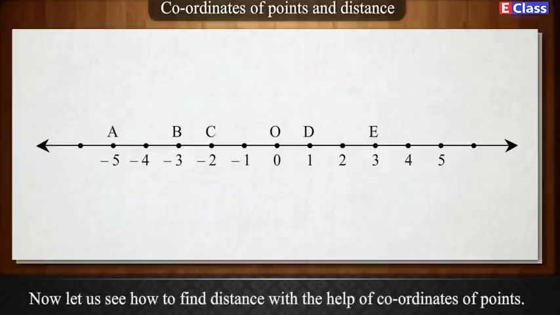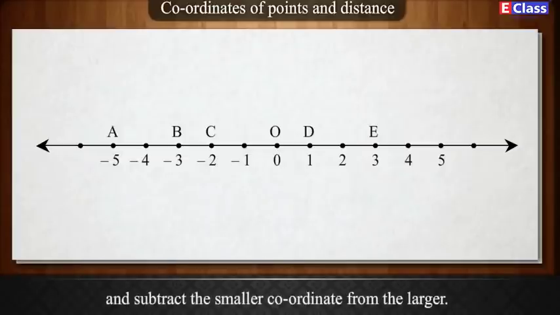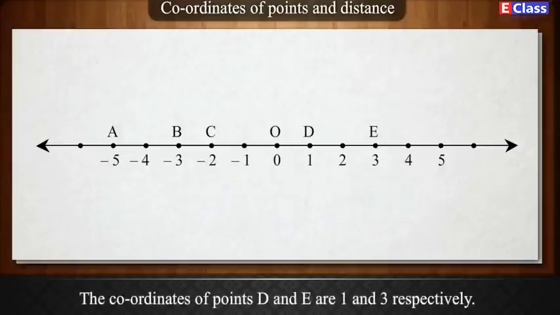Now, let us see how to find distance with the help of coordinates of points. To find the distance between 2 points, consider their coordinates and subtract the smaller coordinate from the larger. The coordinates of points D and E are 1 and 3 respectively.